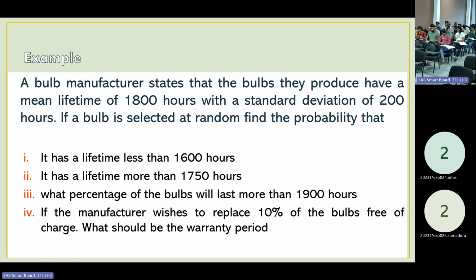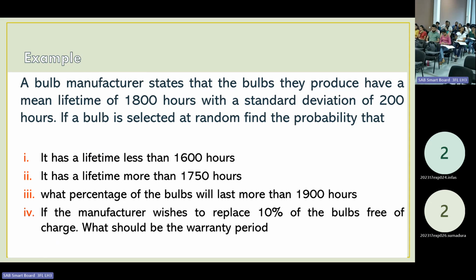If a bulb is selected at random, find the probability that it has a lifetime less than 1,600, lifetime more than 1,750. What percentage of bulbs will last for more than 1,900? Same type of problems. The last one: if the manufacturer wishes to replace 10% of the bulbs free of charge, what should be the warranty period? And the reverse problem, right? So we'll do the entire problem.